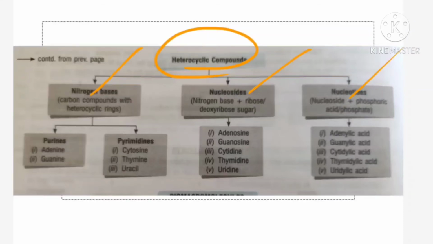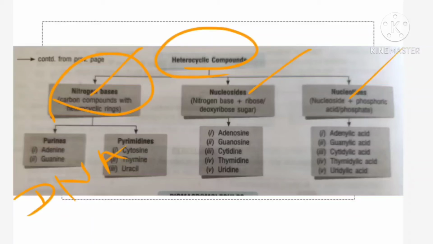Now listen carefully, dear. When you are seeing one biomolecule called DNA, it's a bigger one, a macromolecule. This DNA is made up of nitrogenous bases. What are nitrogenous bases? The carbon containing groups which are present in the ring, that one we call the nitrogenous bases.